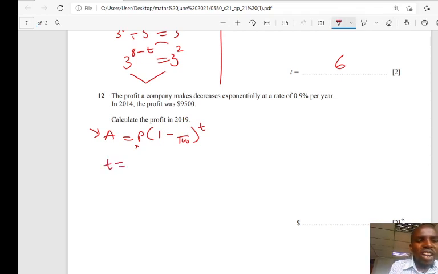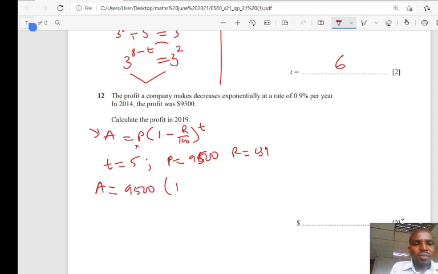Now we have our time, 5 years. We have our initial. In 2014 it was 9,500, which is P, and our rate R is 0.9, right? So now let's substitute. A is equal to, since we want to calculate the profit in 2019, P is 9,500, then 1 minus R, 0.9 over 100, to the power 5 years.